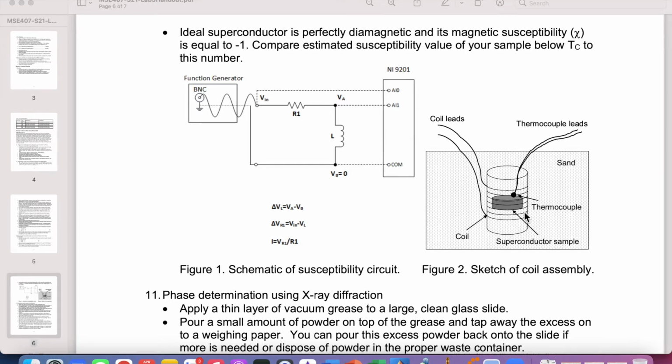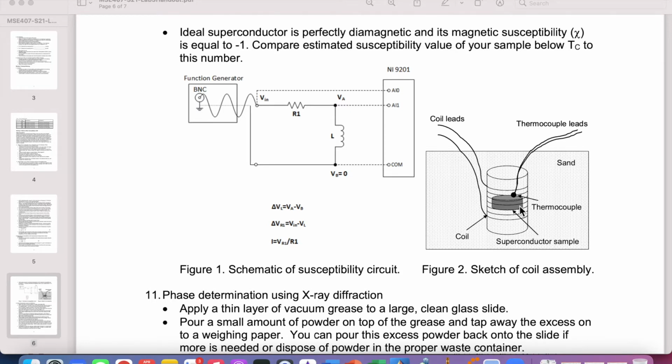For our setup, we basically have this Teflon housing that you saw in the video, and we wrap the coil around it in 1,000 turns for our specific example. When we pass an AC current through this, it will create a magnetic field within the coil, which is then interacting with our pellet, right?